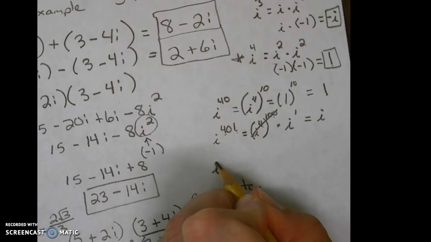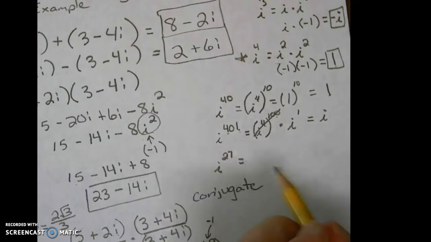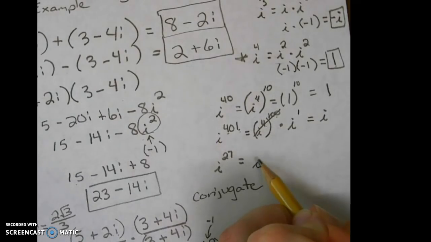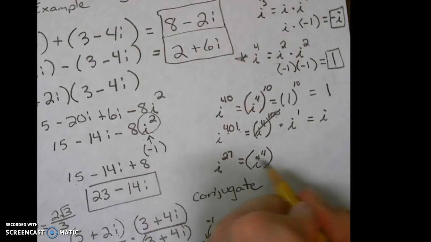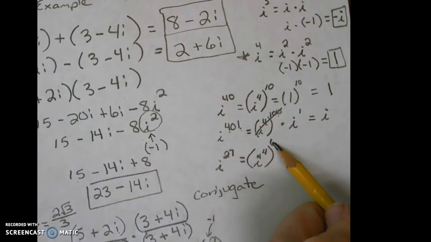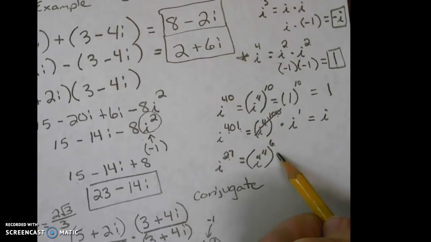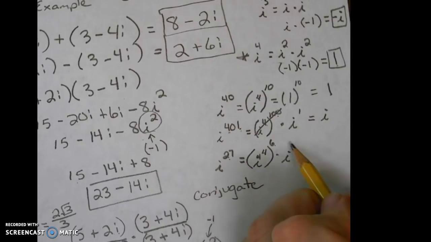I to the 27th power. So I like to do the I to the 4th. You can do any combination you like. 4 goes into 27 6 times. 4 times 6 is 24. And what's our remainder? 3.